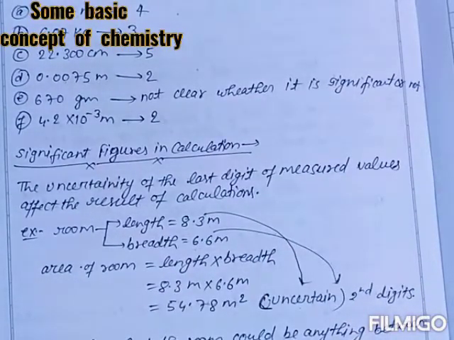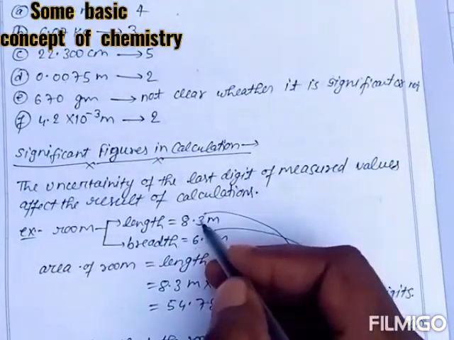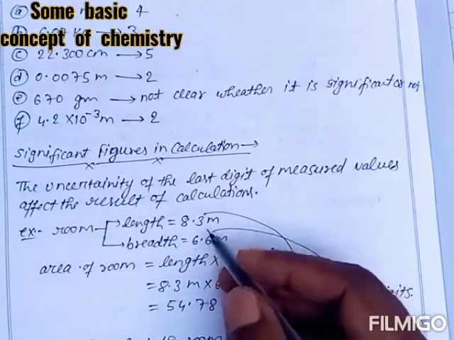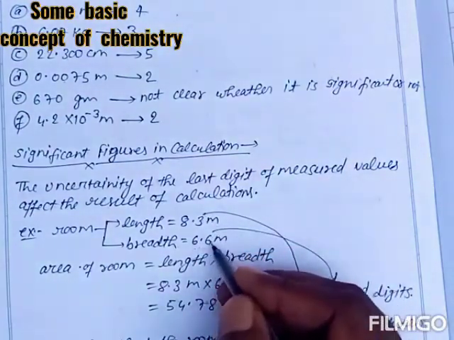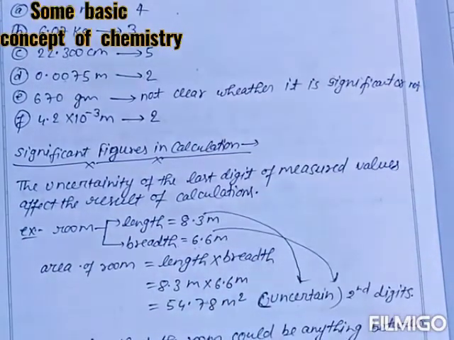Then there are two possibilities. The smallest possible value of the area will be 8.2 into 6.5, multiplied, which gives 53.30 meter square.